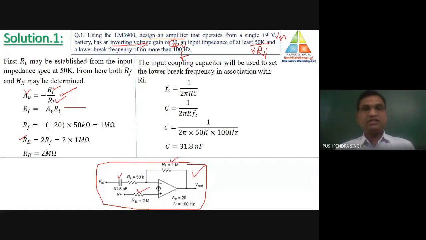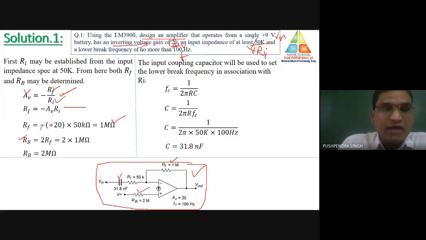So in case of inverting or non-inverting, in each and every condition, the value of gain is positive. Resistance will also be positive. So no need for minus and minus. You may take it as positive, or you may take it as minus. But in each and every condition, the value of resistance would be positive only. So RF is equal to 20 multiplied by input resistance, given as 50. So from there, RF is 1 mega ohm.